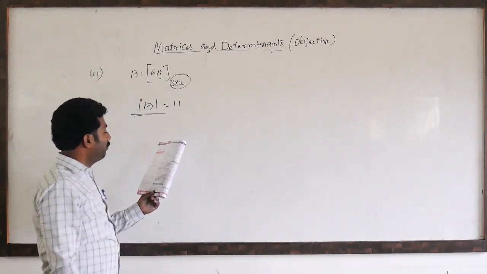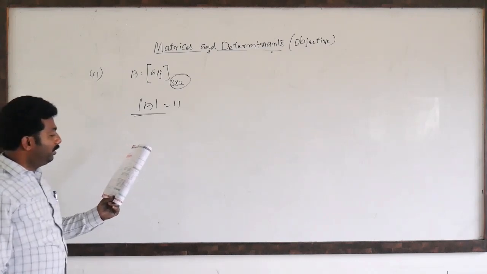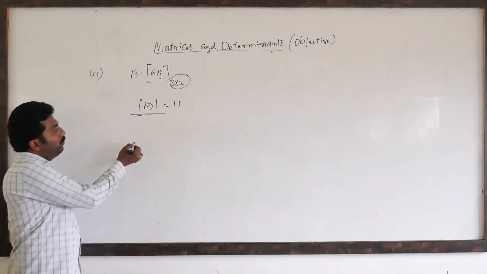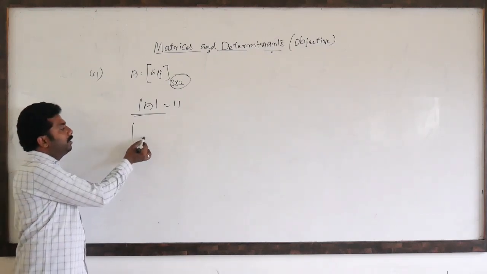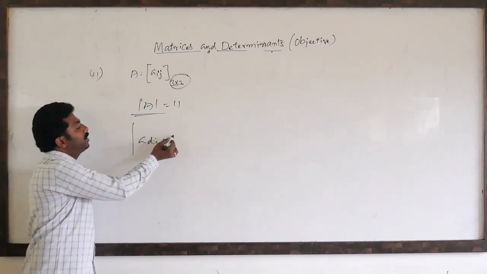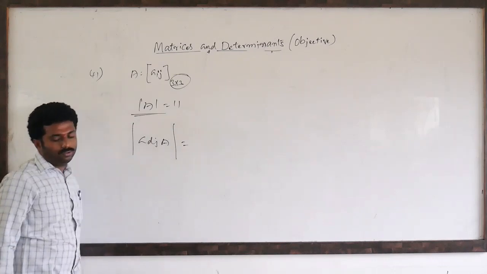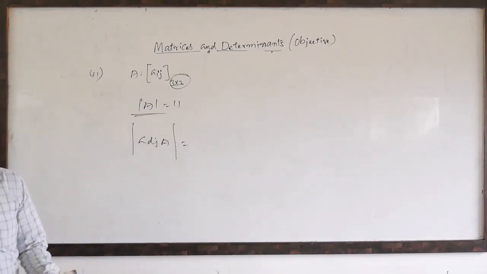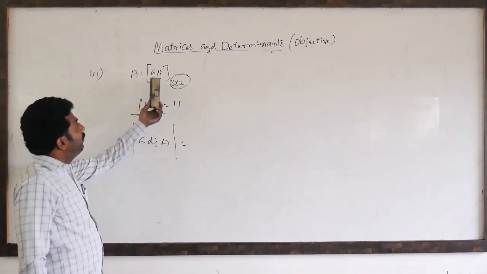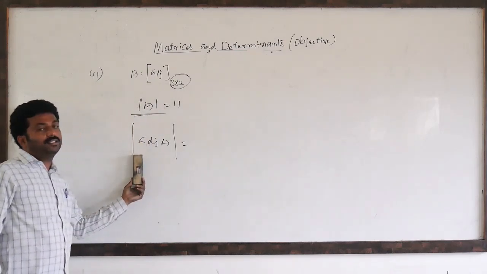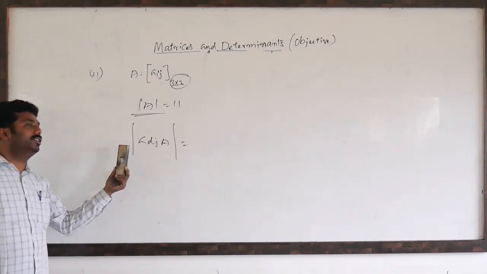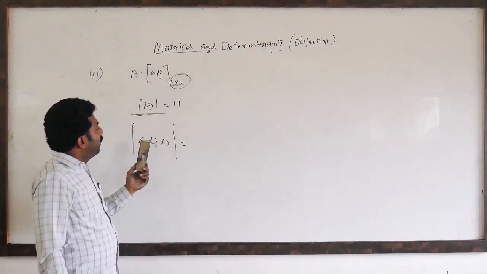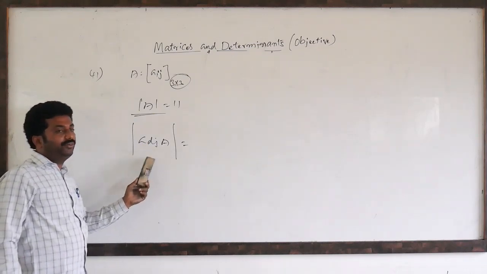The value of the determinant formed by the cofactors. Formed by the cofactors means nothing but the determinant of adjoint of A. The adjoint of A is the matrix formed by the cofactors of elements of capital A. So from this we have to calculate the determinant of adjoint of A.